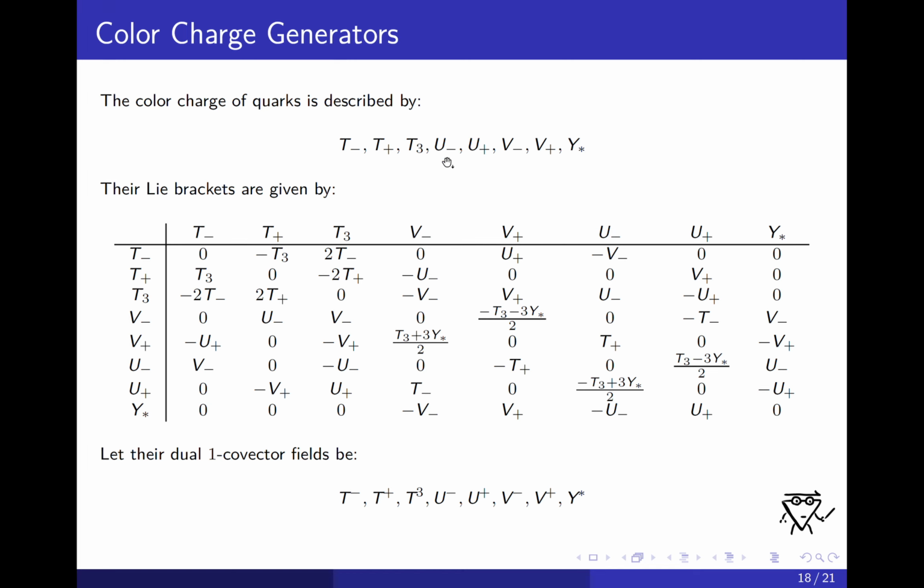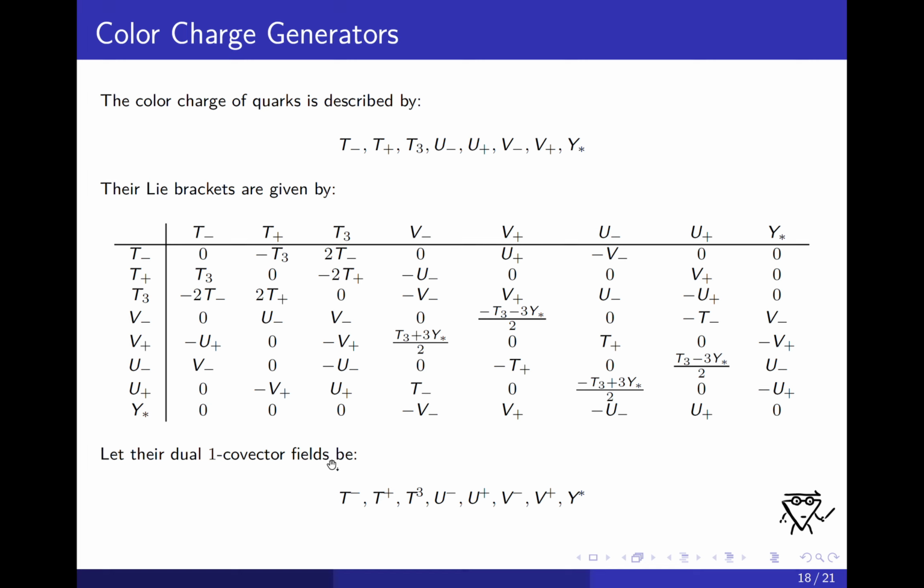And U minus, U plus, V minus, V plus are some ladder operators, and Y star is the hypercharge. I add this star simply because I want to distinguish the one-vector field Y and the one-covector field Y star. This will be useful if I'm going to compute the exterior differential of these covector fields.